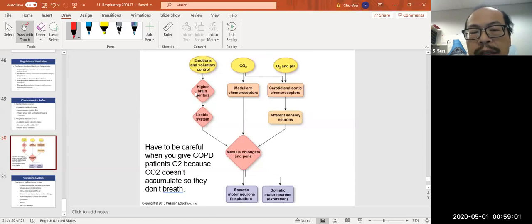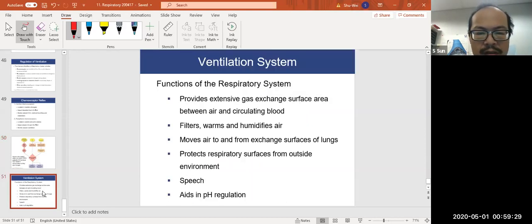Also, we can be affected by emotion, the sympathetic nerve, and by our intention, through the higher brain centers or limbic system. This is about our emotional control, and it can also affect our breathing pattern.